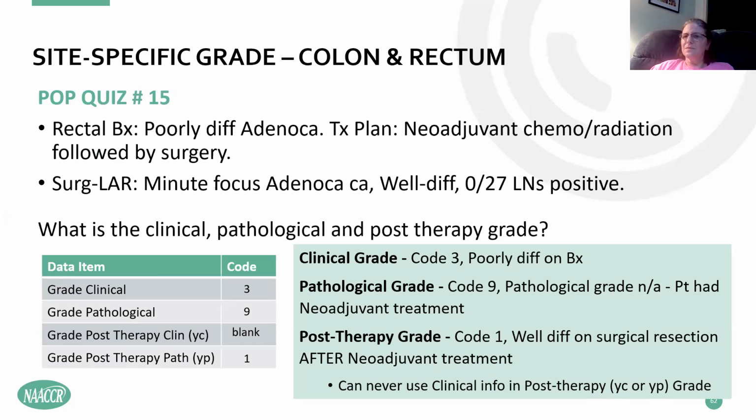That makes sense. Your pathological grade would be 9 because the patient had neoadjuvant therapy, so you would not have a pathological grade. We have no information on the post-therapy clinical, whether there was a workup or a biopsy, so we leave that one blank. And our grade post-therapy, well differentiated on surgical resection, would be a 1.